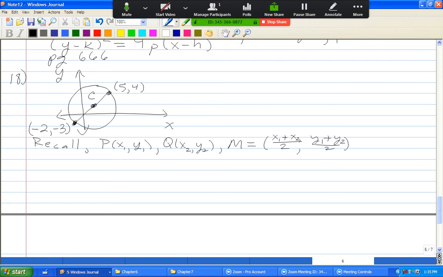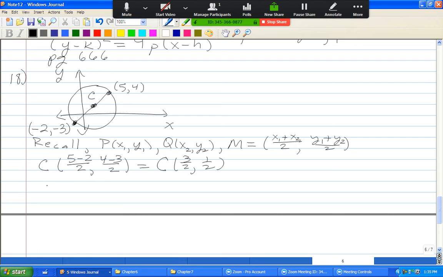It's just the average of the x and y coordinates. And so the center of my circle will be 5 minus 2 over 2 and 4 minus 3 over 2. So 3 over 2 and 1 over 2 is the center of my circle.